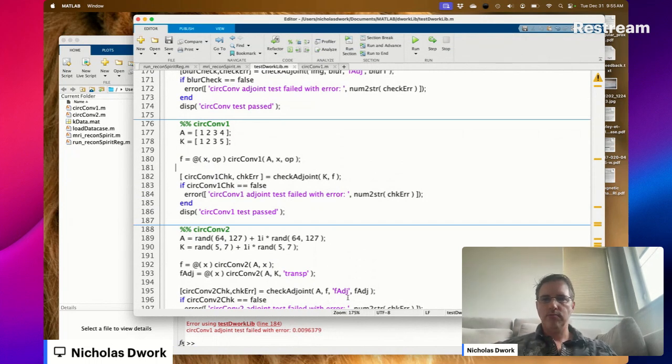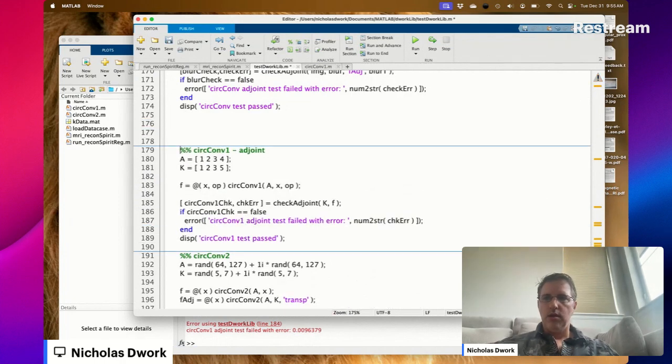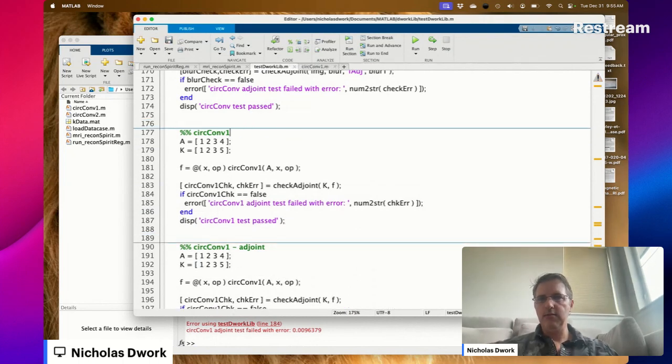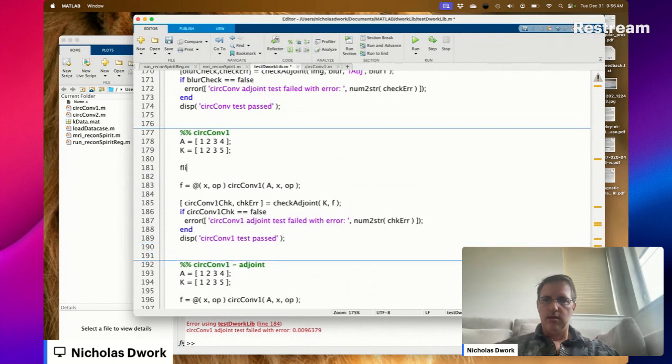All right. So the question is, is circular convolution broken? Or is the adjoint broken?